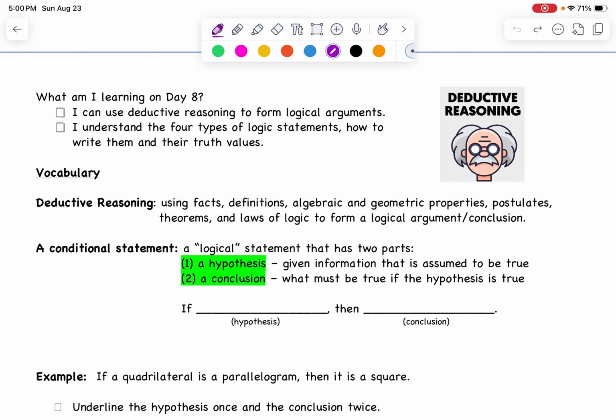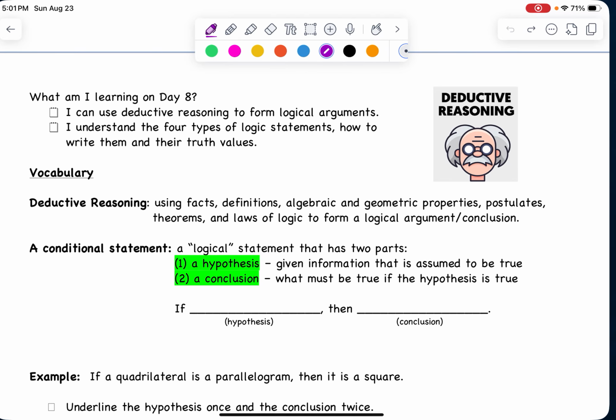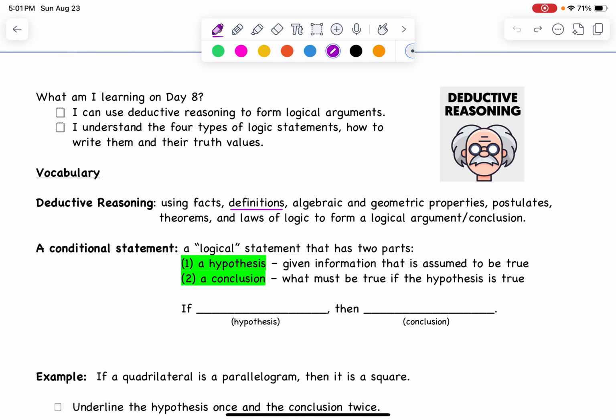When we start doing our geometric proofs, they are all about deductive reasoning, and we've already started talking about this a little bit in class. So you can only use facts though. For us, that would be definitions, properties, postulates, we've learned some of those already, theorems, and laws of logic. And some of those are what we're going to be talking about today.